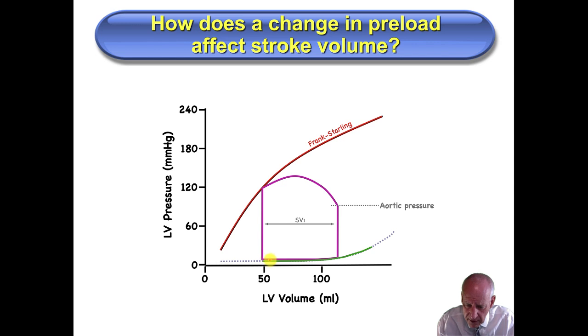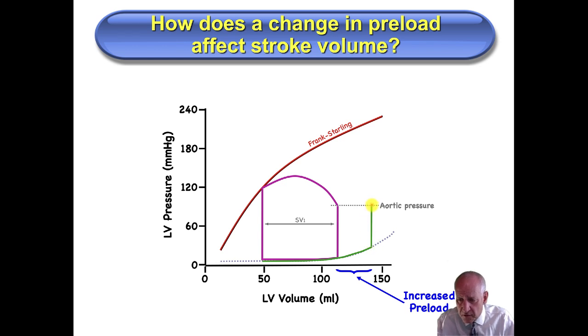And what if on the very next beat, the ventricle was subjected to a greater preload, more blood filled the heart, and the ventricle now stretches to a greater degree to accommodate that extra volume. Now the ventricle is able to develop a much larger pressure, but as soon as the pressure rises to the aortic diastolic pressure, it begins to eject.